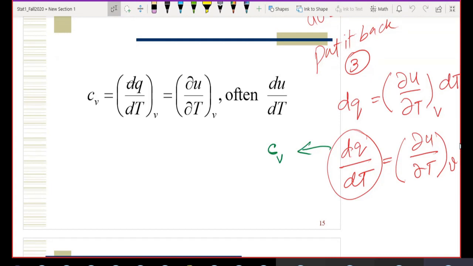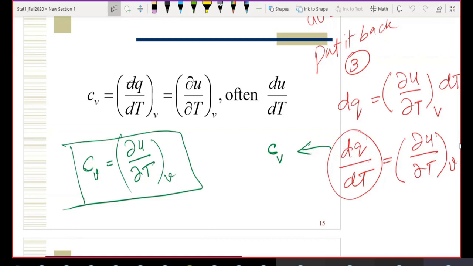So now you have defined CV in another term, that is partial u over partial t.